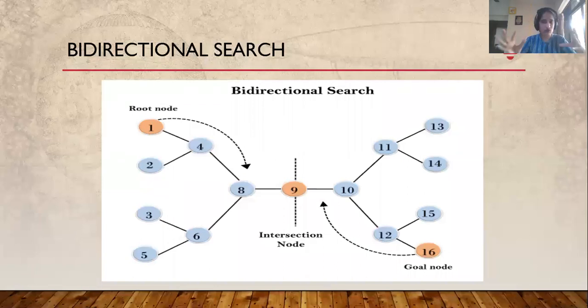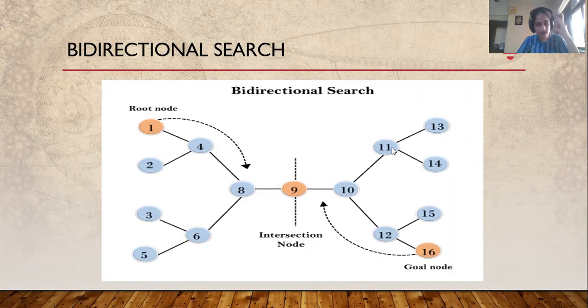If you can visualize, if we join these two paths, we get a path from 1 to 16. And while getting this path, most of the nodes are automatically cut short, because when the forward search started its journey from 1 to 9, it might have reached 9 without exploring certain nodes.